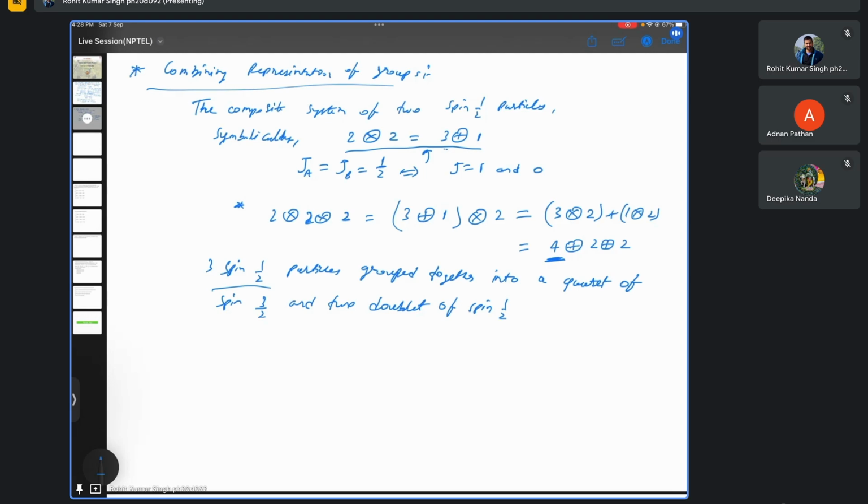Also you can do 2 plus 2, but that doesn't make sense because originally you already have two spin half doublet.